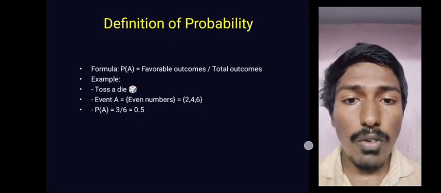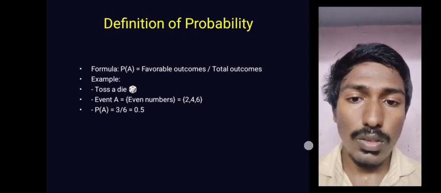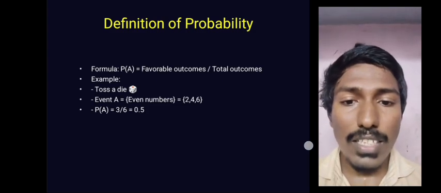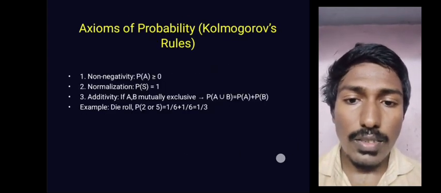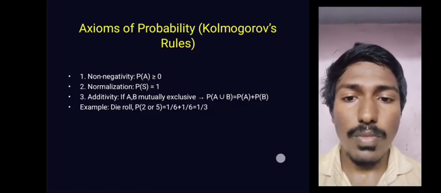Here favorable outcomes are 3 and total outcomes are 6, so the probability is 0.5.